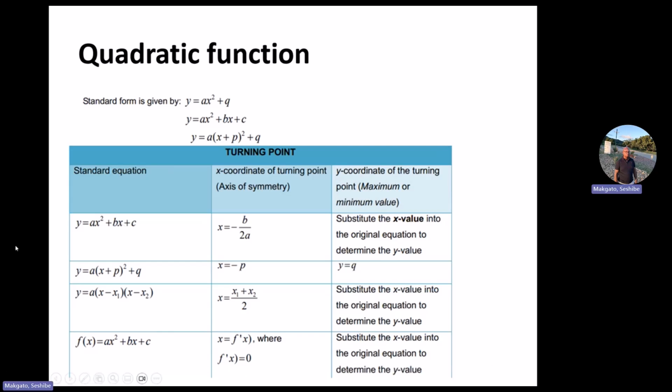For example, if you take the standard equation y equals ax squared plus bx plus c, the turning point of that particular function for the x-coordinate could be defined as x equals minus b over 2a.